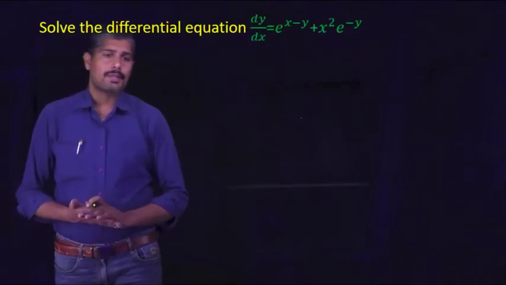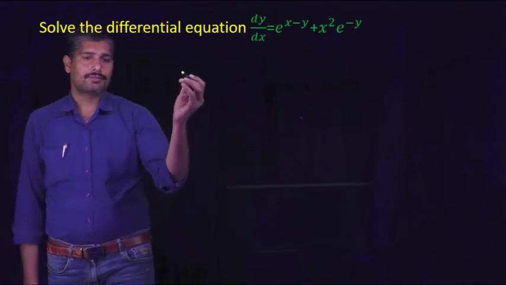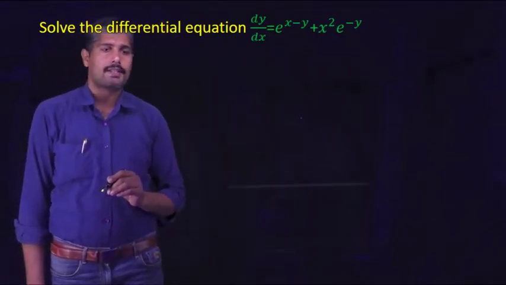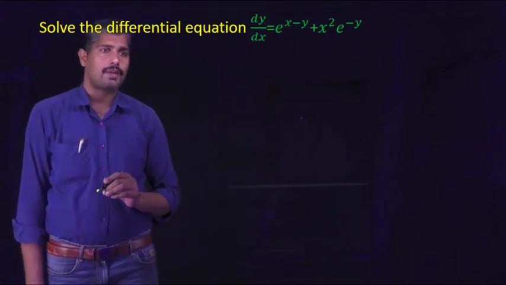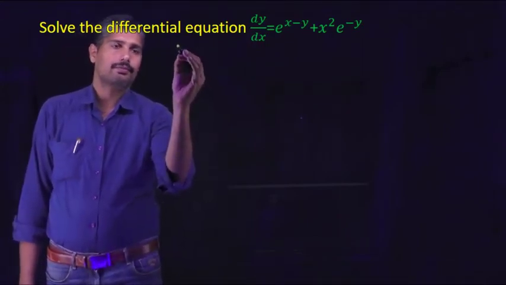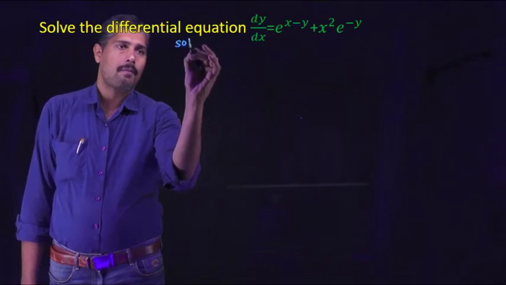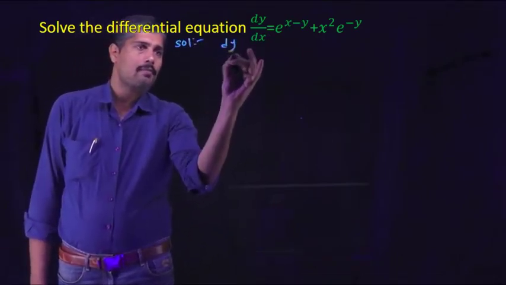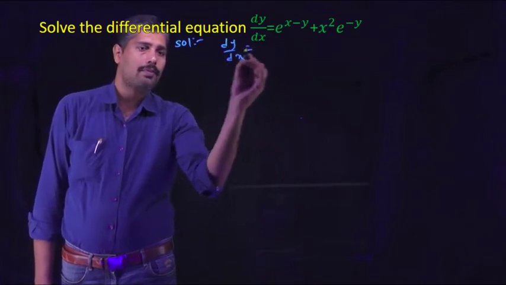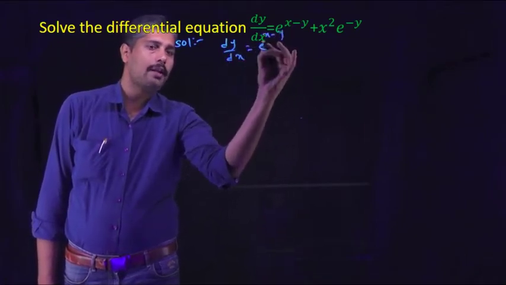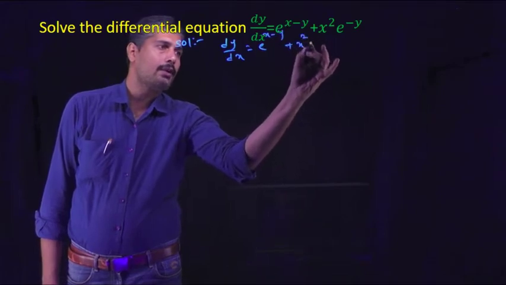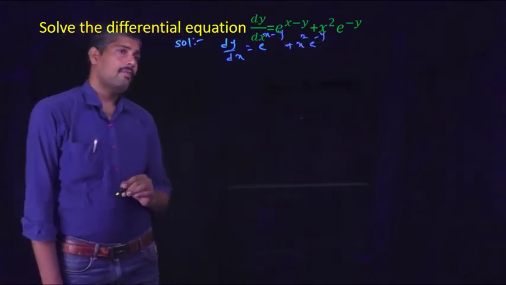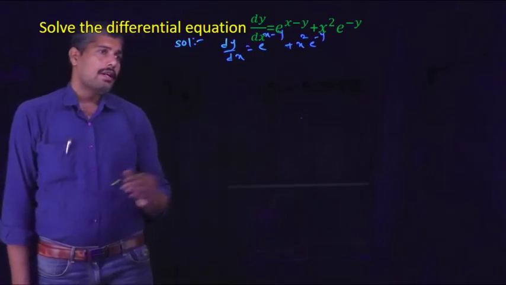See some problems on the variable separable method. Here dy/dx = e^(x-y) + x^2 e^(-y). Here, is it possible to separate the x and y terms?